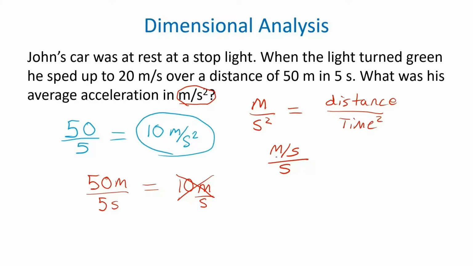Okay, in this case, this is an attractive one because we have values that match that. We have 20 meters per second and 5 seconds. Okay, and we don't have to worry about squaring anything or anything like that. Well, it turns out that this is the right way because it's asking for average. So our acceleration would be 4 meters per second squared.